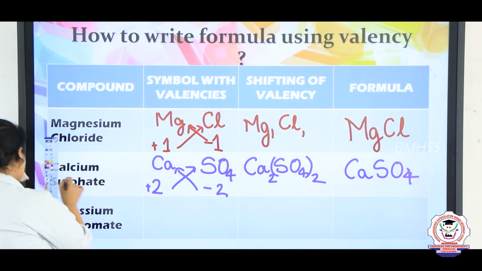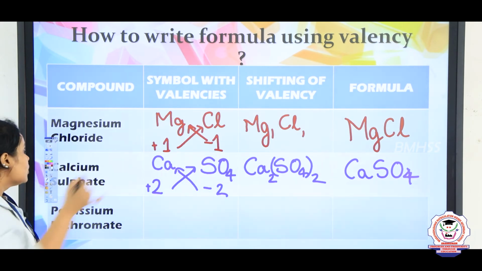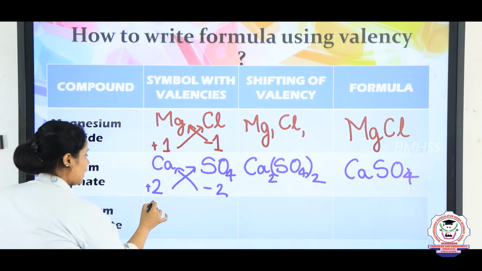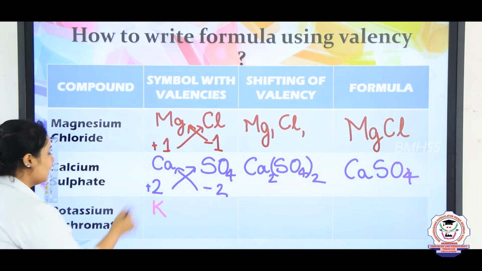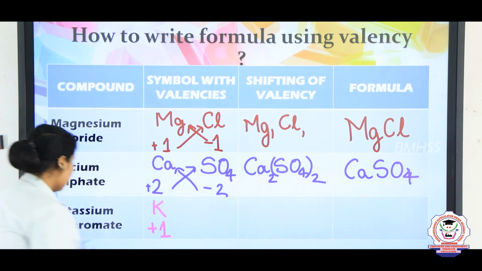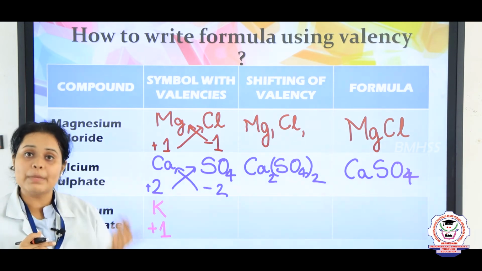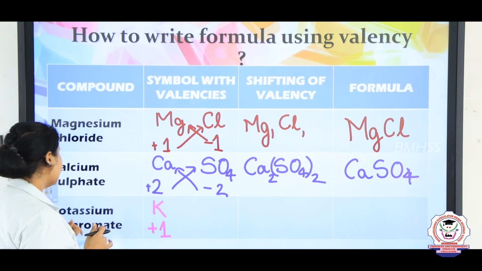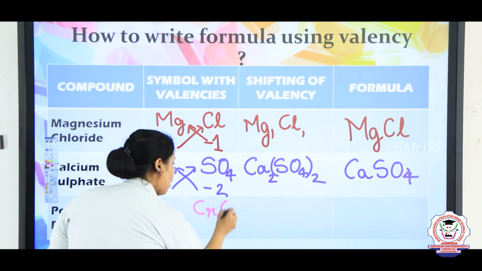Okay. Now lastly, let's write the formula of potassium dichromate. Children, potassium is written as K, which is the symbol, and the valency of potassium will be +1. Dichromate is again a combination of two elements, chromium and oxygen. So it will be written as Cr2O7.